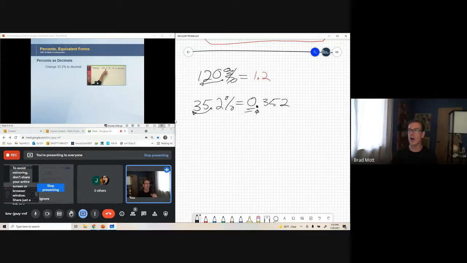It is a lot harder to make the mistake of not realizing there's a decimal point there if there's a 0 out front to clue you in that it is a decimal and not a whole number. And there's a big difference between 0.352 and 352.